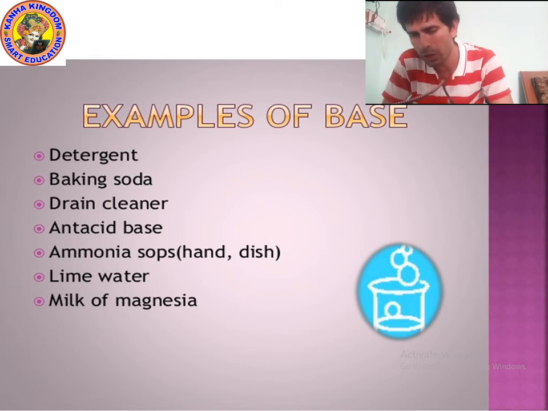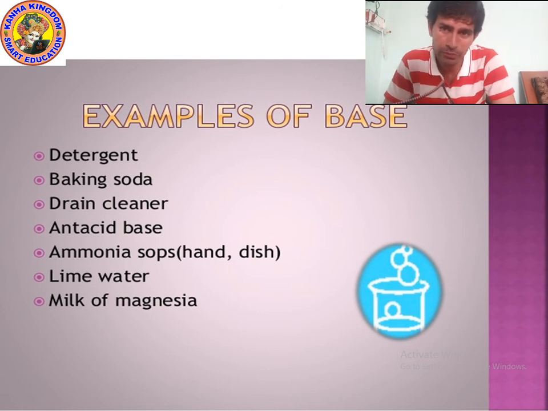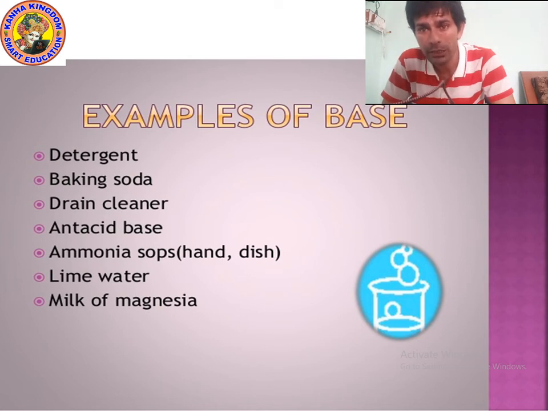Dish washer soap, the soap that we use for washing our utensils, is actually an example of base. Lime water is also a base. Milk of magnesia, MOM, is also an example of base. Please write down. I am giving you a few seconds.